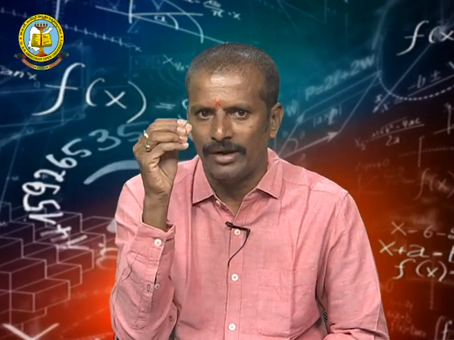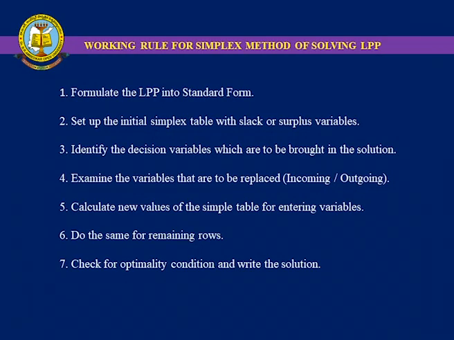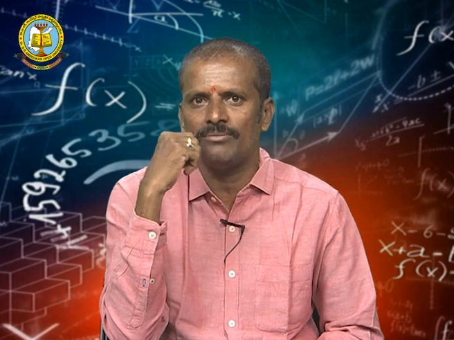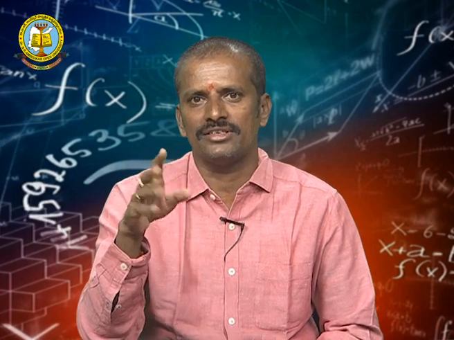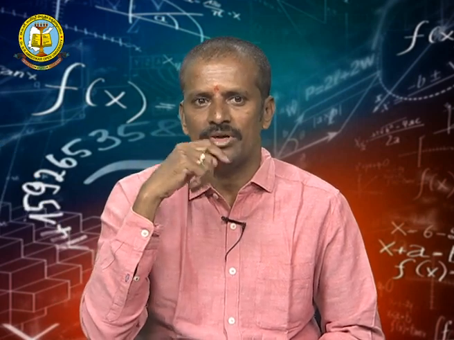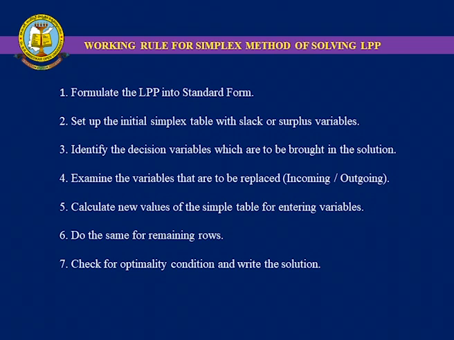Now instead of all those 8 points, I will explain the entire procedure briefly. The working rule, or simple algorithm, of the simplex method is: formulate the LPP into standard form. What is the meaning of standard form? The objective function is always maximum z, constraints are always equality type, and non-negativity conditions must exist. Second step, set up the initial simplex table with slack or surplus variables.